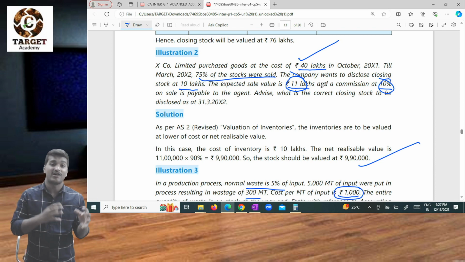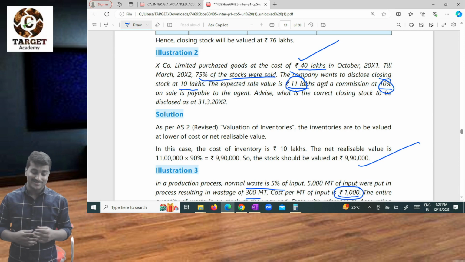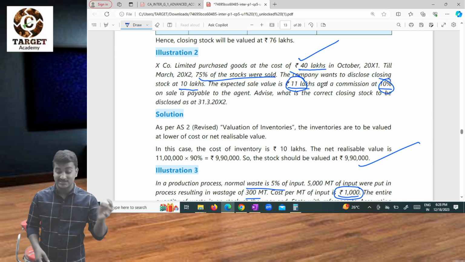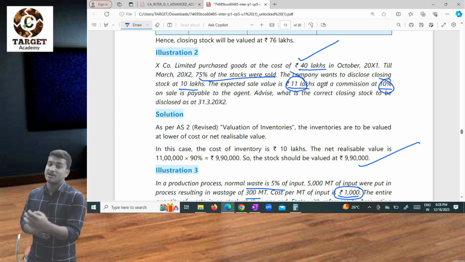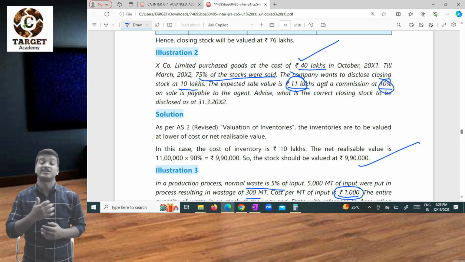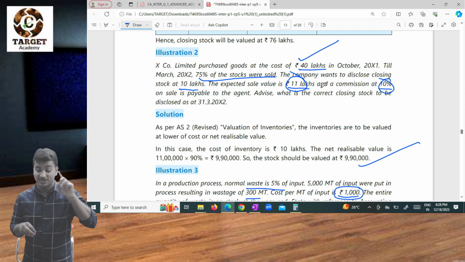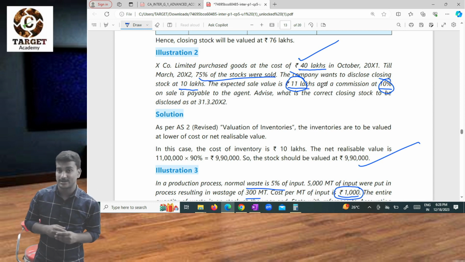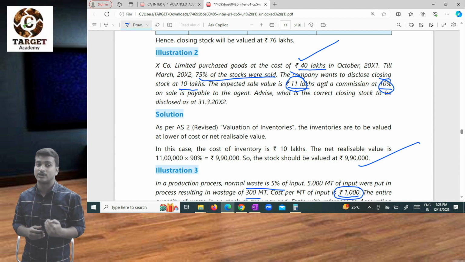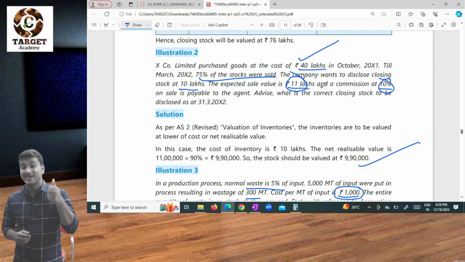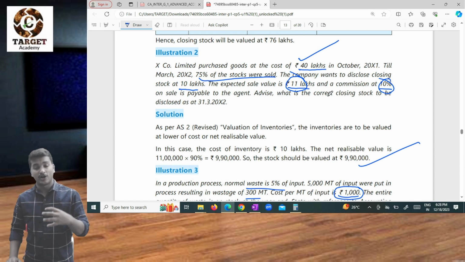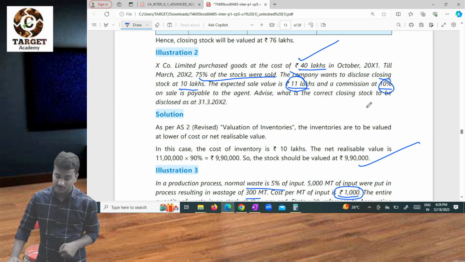It should be cost or NRV, whichever is lower. They are telling us expected selling price is 11 lakh and expected commission is 10%. 11 lakh minus 10% means 9.9 lakh, but they want to show it as 10 lakhs. That is completely not correct. So 10 or 9.9, whichever is lower, sir, your correct answer should be 9.9 lakh. Same thing I already covered in the previous class and this class also.